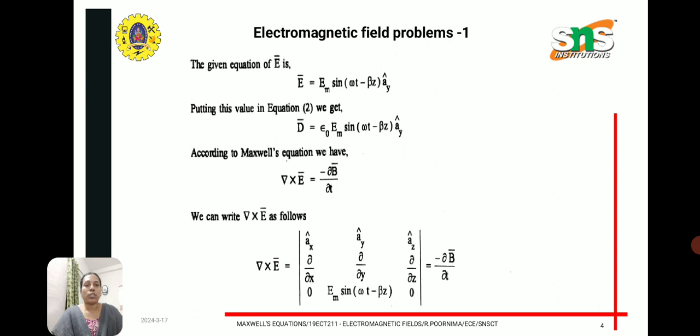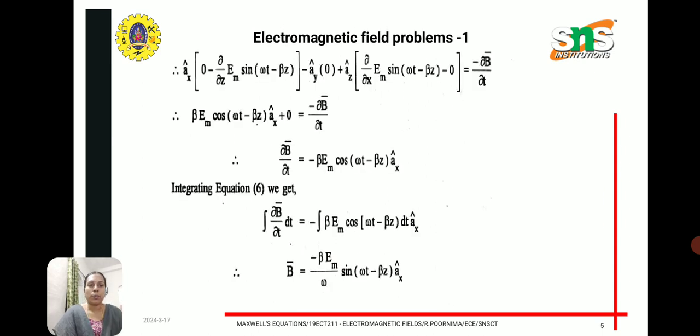According to Maxwell's equation, we are taking the second Maxwell equation that is derived from Faraday's law: del cross E equal to minus dou B by dou t. From this we have to calculate the curl of E vector, that is del cross E. We apply the curl formula in determinant form, which is equivalent to minus dou B by dou t.